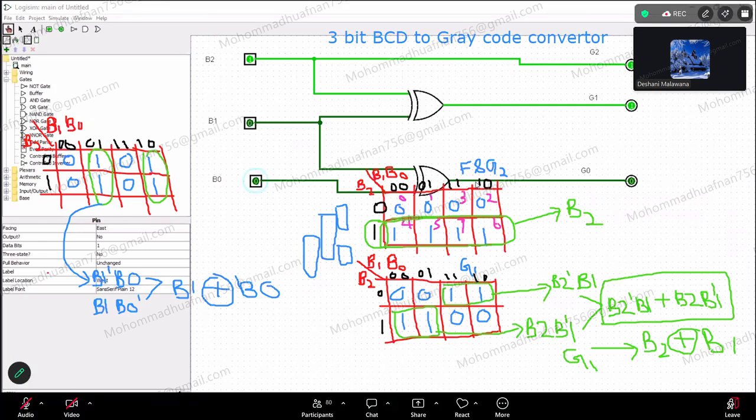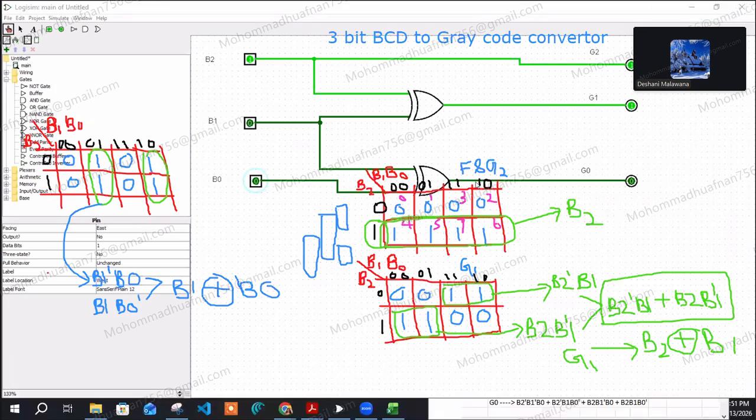Someone is asking why I designed that logic circuit before drawing the K-map. The reason is I want to show you that without the K-map, the logic diagram is going to be more complex than we expect. You can see we can directly design the logic circuit for this BCD to gray converter after using this K-map.